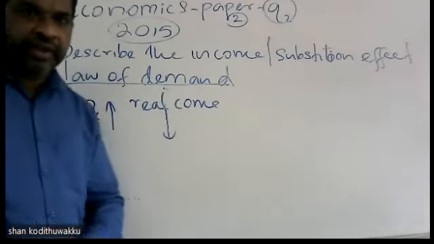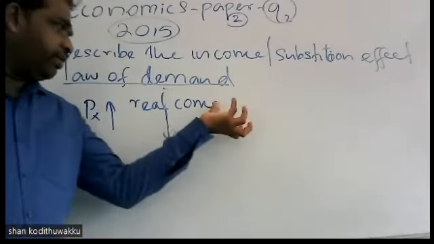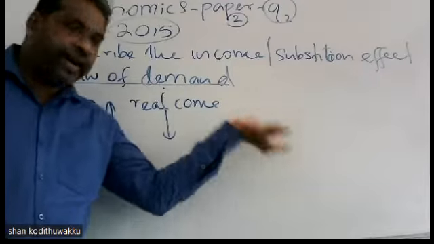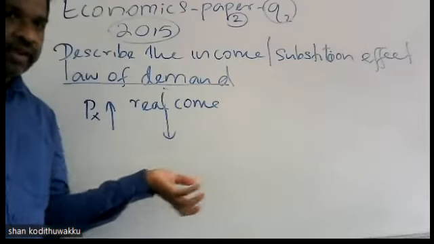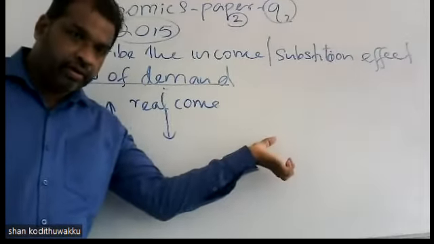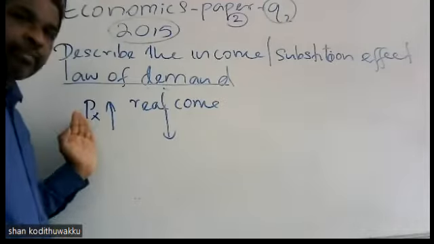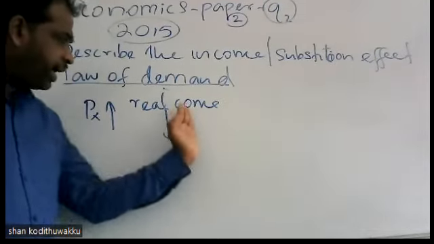Real income is the number of goods which we can purchase at the current price, the value of goods and services which we buy with the current income. Therefore, when the price of a product increases, our real income will come down.